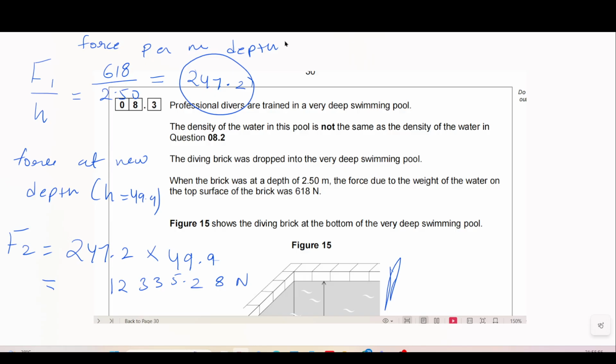If you have to round it to three significant figures, you will get 12300. So first we calculated force per meter, then we multiplied it with the new height. So this gives us force at the new depth.